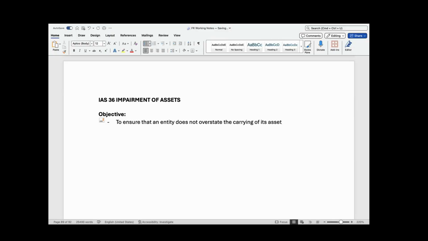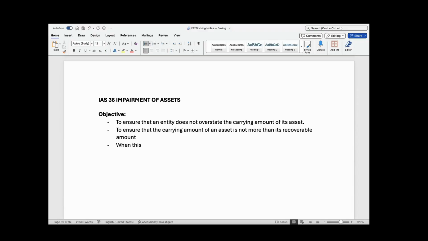To do that, we ensure that the carrying amount of an asset is not more than its recoverable amount.